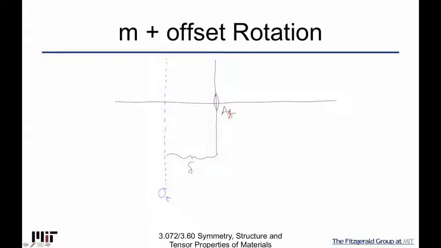Let's draw our motif here and here, and let's keep it red, just as a change. These are just reference lines, not glide planes, but I'm showing you where the coordinate system was, just like on the other one.